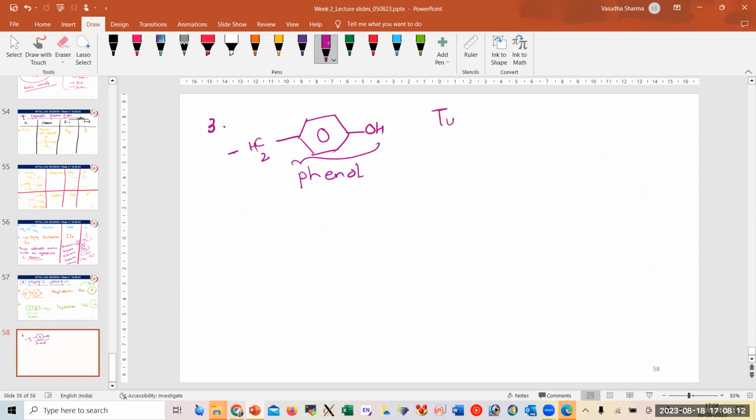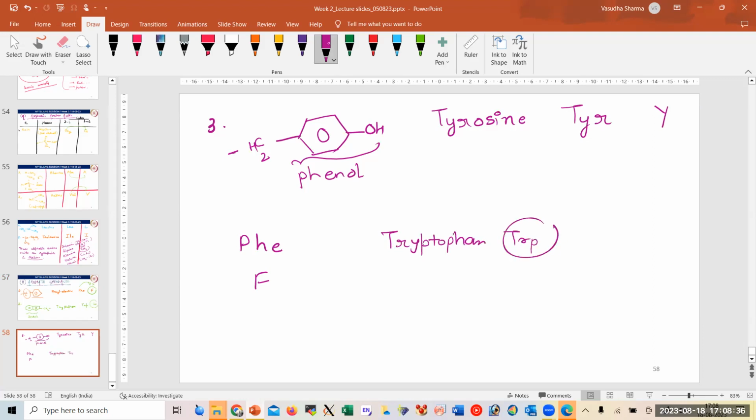The name is tyrosine, TYR and Y. So here we have to remember that phenylalanine, the code is F. Tryptophan, TRP, not TRY, it's W. And tyrosine, it's Y. FWY. These are the aromatic groups.